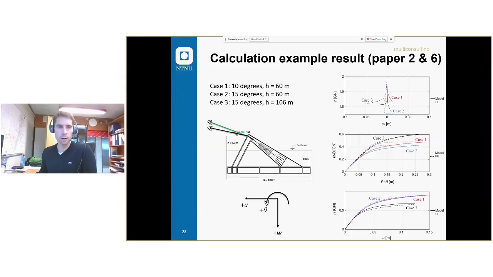We applied cable force, which will then act with moment, horizontal load, and we do have a vertical load component at the center of the foundation. So this is what we are looking at in these three plots: the vertical load with vertical displacement, moment with rotation, and horizontal load with horizontal displacement.